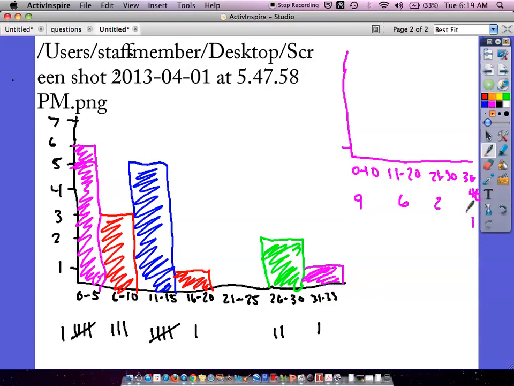And since I have some bigger numbers, I might want to change what I go by. If I have to get up to 9 and I don't have that much space, I might want to go by 2s. So maybe I go 2, 4, 6, 8, 10. So now if I'm drawing this bar, there are 9 states that have from 0 to 10 4-year public colleges.